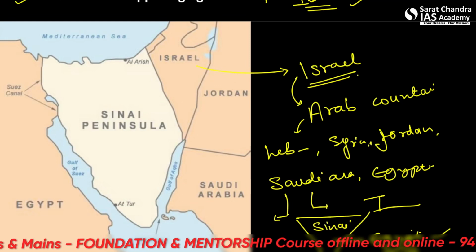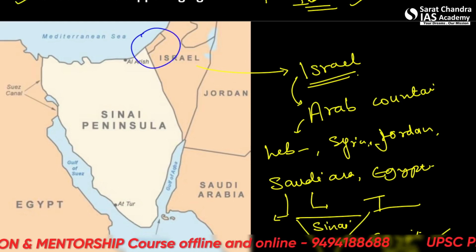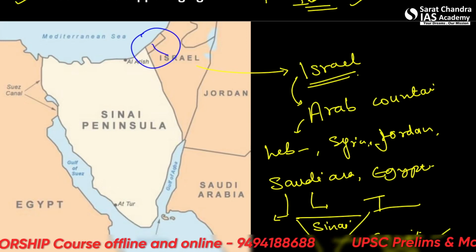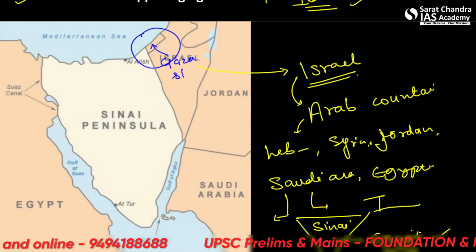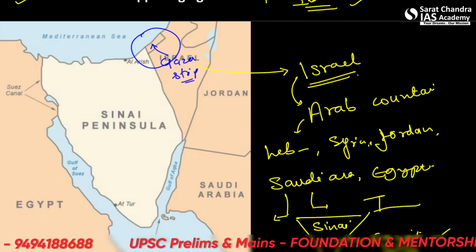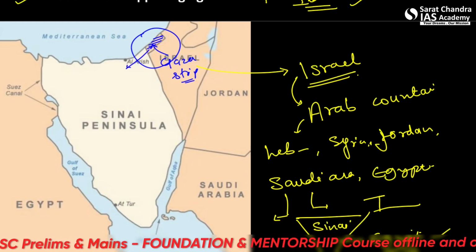So in the map you can see various different parties to the conflict right now. This is Israel. So when we see this portion here, this is the Gaza Strip. It looks as a strip, but it is also in direct connection with the country of Egypt.